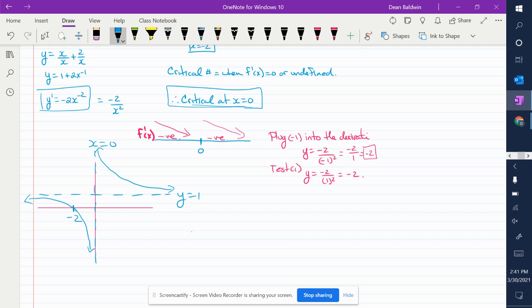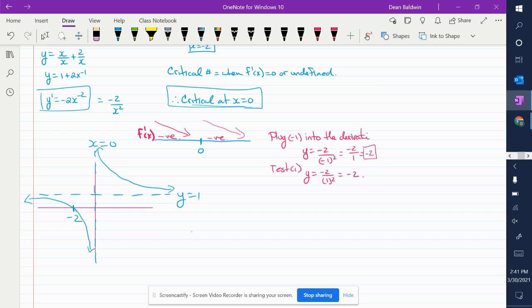Yeah, you just say it has symmetry. So this is still decreasing. It's just on this side of it. You couldn't have drawn it like this, like you couldn't have gone like that, because it's going to cross that horizontal there, right? So you can't draw that. The only way you could draw it is like that.